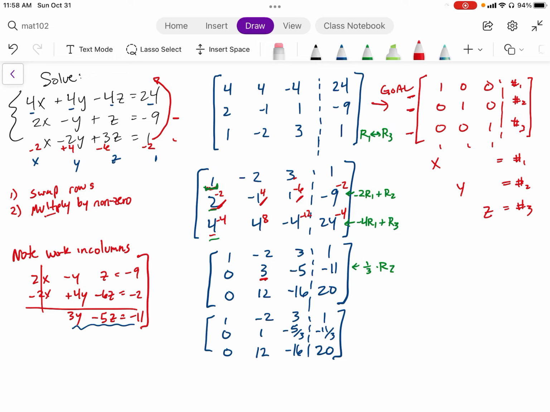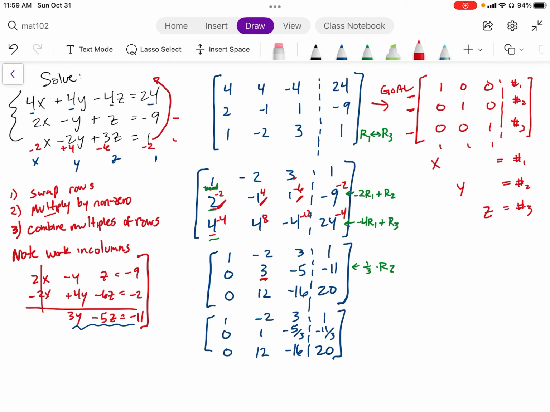Now the third operation we're allowed to do, which we already did above, is we can combine two rows, and it could be a multiple of that row. We can combine any rows, so by combine I mean add, and multiples of those rows.